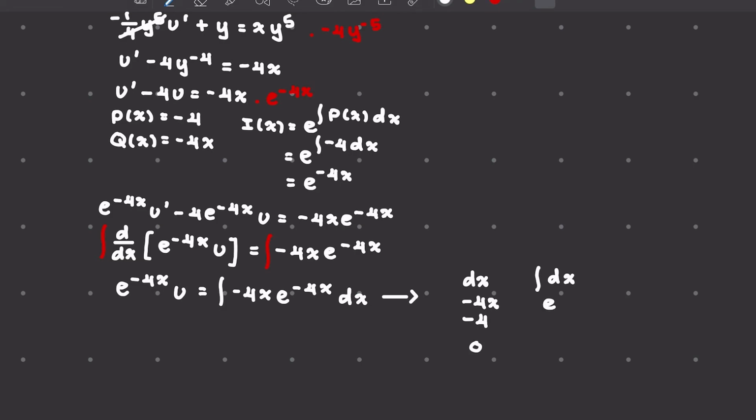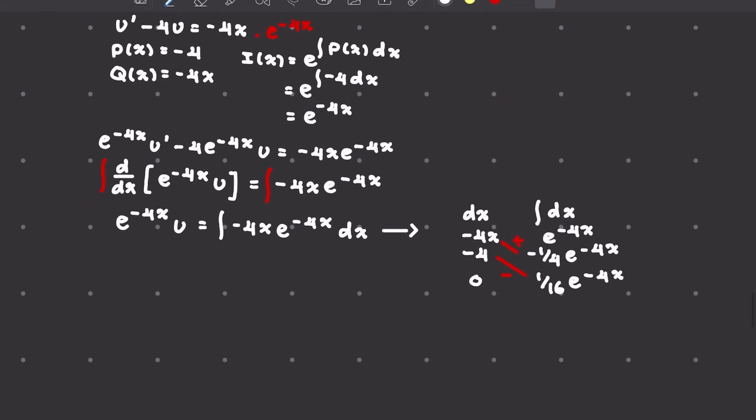And e to the negative 4x, let's take the integration of it, it becomes negative 1 over 4 e to the negative 4x, and one more gives us 1 over 16 e to the negative 4x. And then let's multiply this one with the positive sign, and this one with a negative sign: negative 4 and 1 over 16 e to the negative 4x.